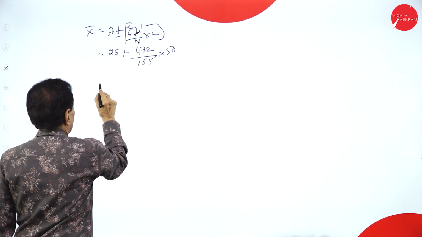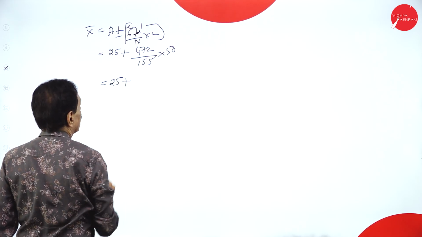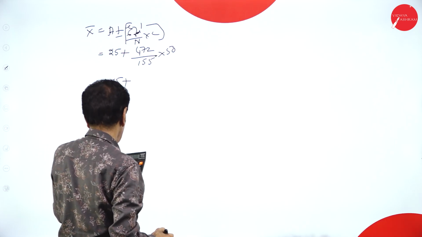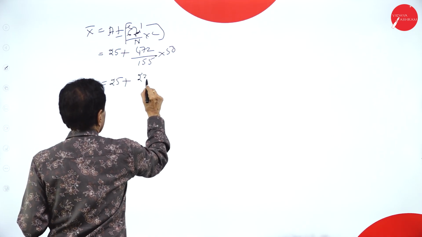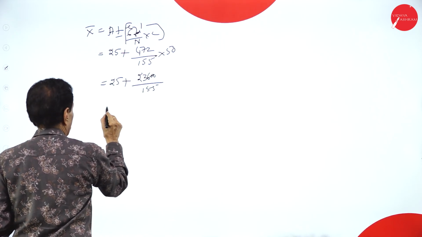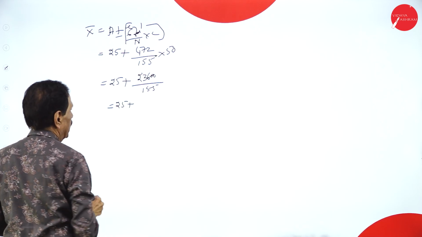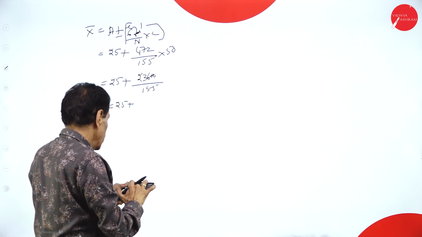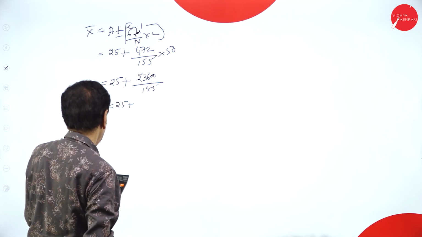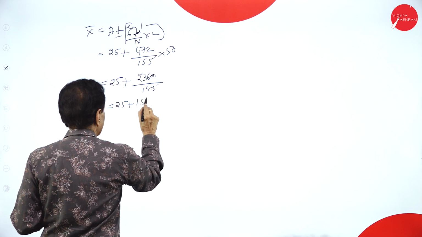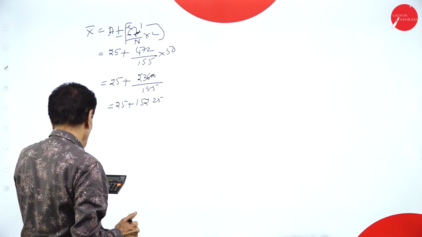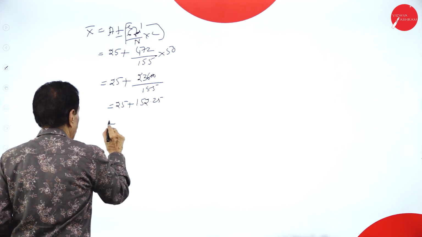Simplify. 25, 472 into 50, 23,600 divided by 155. 25 plus 23,600 divided by 155, 152.25 plus 25, 177.25.